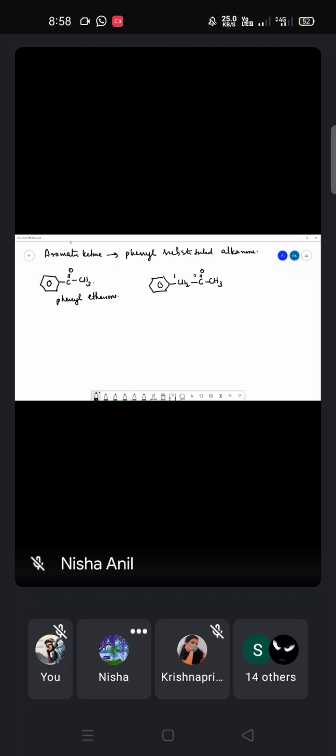So 1, 2, 3. 1-phenyl-2-propanone. And this is another example. This is diphenyl methanone. So aromatic ketones are named according to the fact that they are phenyl substituted alkanones.